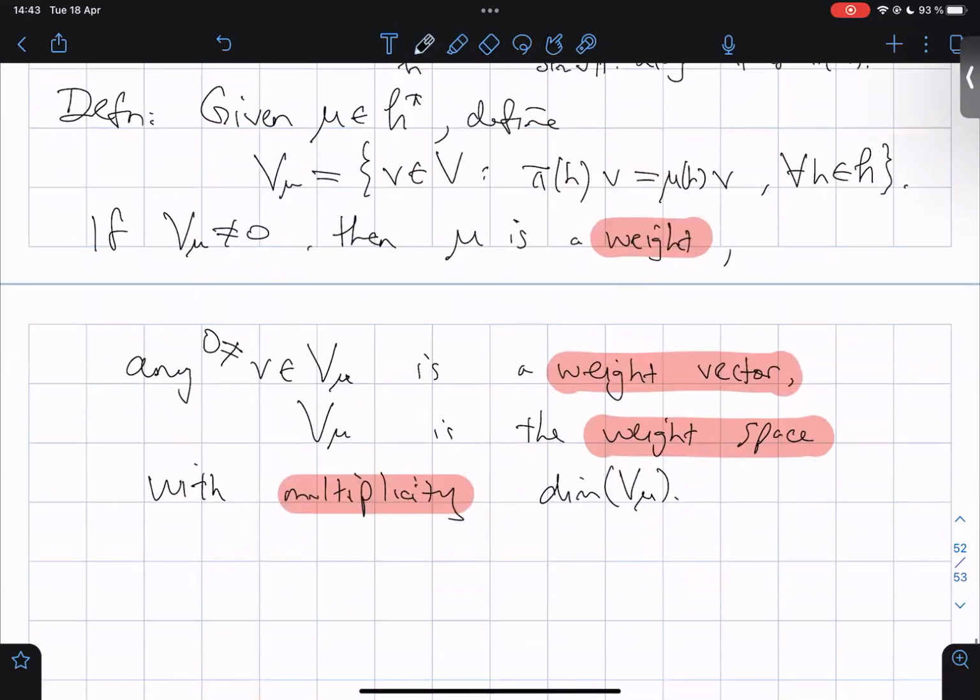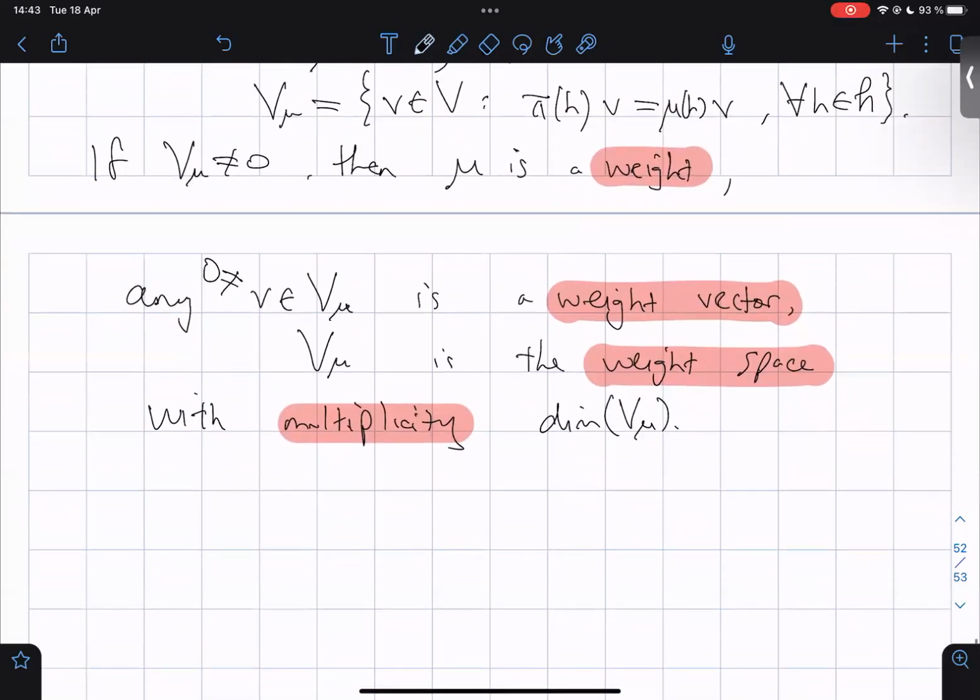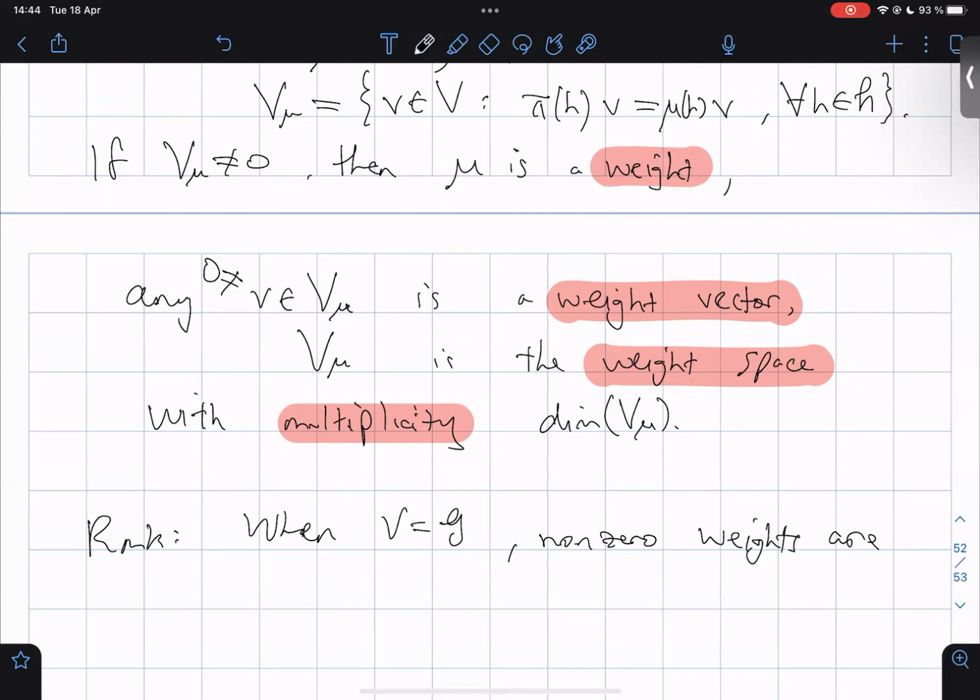So just to make sure you're not confused with roots and weights: roots are in the setting of the adjoint representation. So when V is equal to G, non-zero weights are called roots.